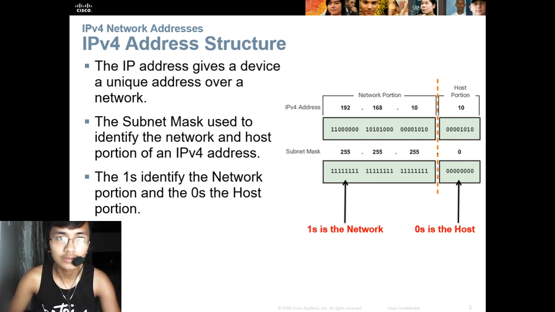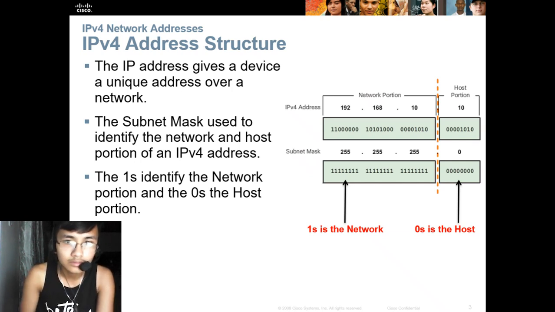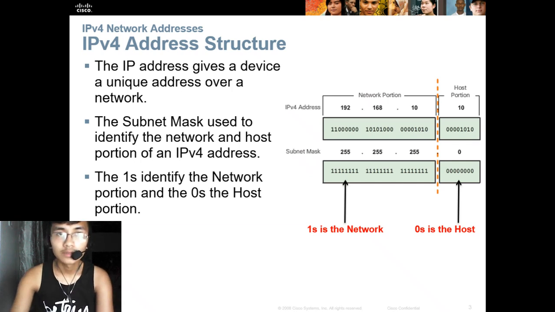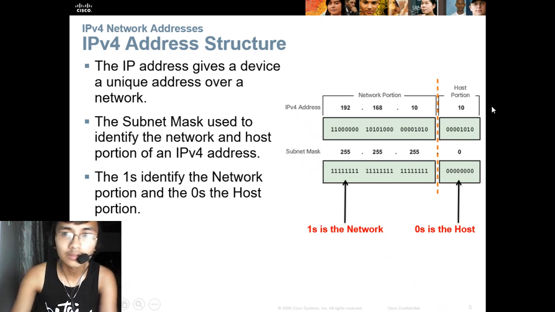IPv4 address structure. The IP address gives a device a unique address over a network. The subnet mask is used to identify the network and host portion of an IPv4 address. The ones identify the network portion and the zeros the host portion. So the structure of an IPv4 address is the network portion and the host portion.